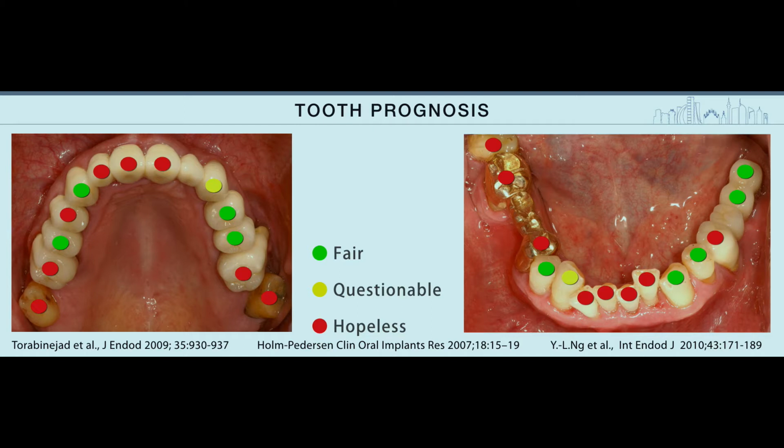So we take all those 4 parameters and then we set the prognosis of each single tooth from a prosthetic aspect. We can see here that I have set, together with the colleague that was also seeing the case, the number of the teeth that were deemed as hopeless and needed to be extracted.